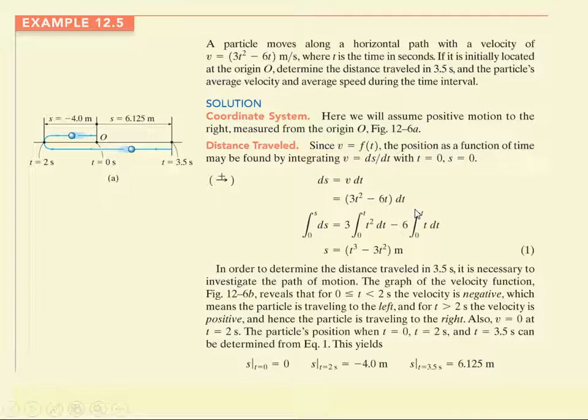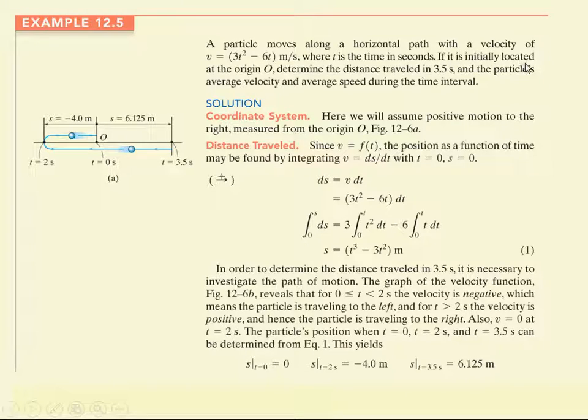Okay, let's look at this example here. We have a particle, just a point mass, that moves along a horizontal path with the velocity. It has a function 3t squared minus 6t meters per second, where t is time in seconds.